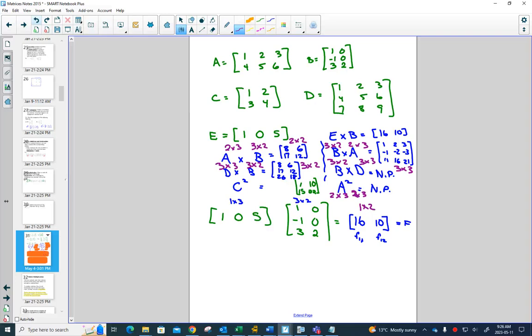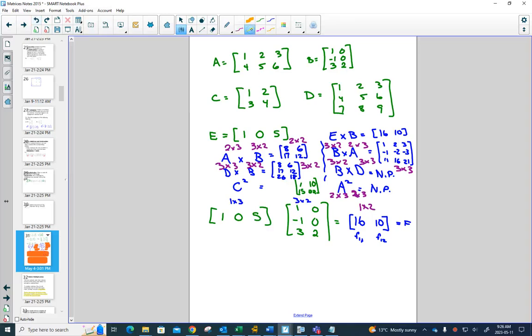Because it should be, for example, 2 by 3 or 3 by 2, but one of them can be 3 by 3 and 2 by 3. So what would be the succinct thing that you see that makes it work? What do you see else? The columns of the first have to be the same as the rows of the second.